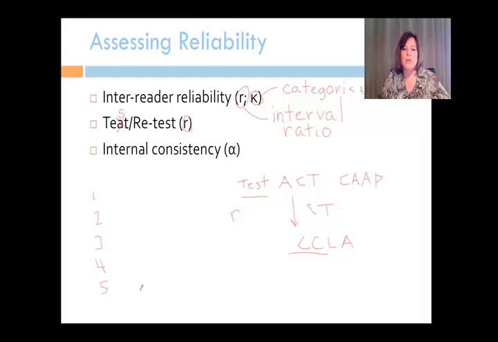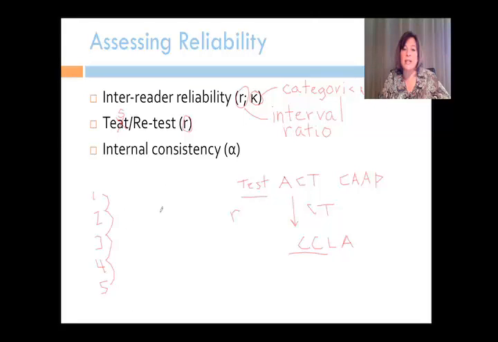We have 5 survey questions that are intended to measure employee engagement. I would use this measure of internal consistency to understand how well these items are hanging together as a measure for engagement.